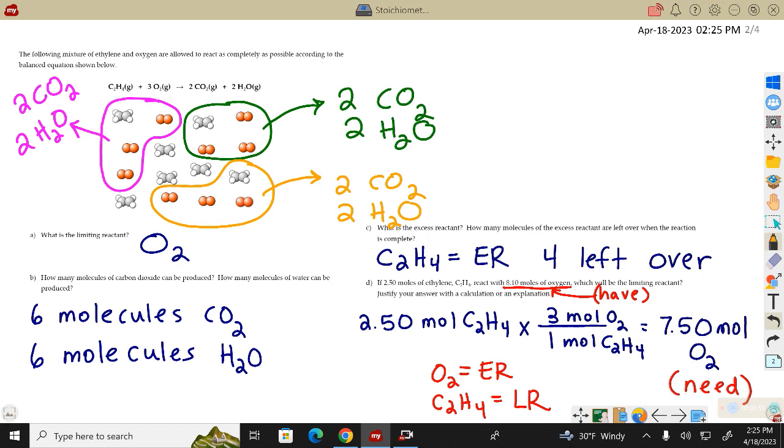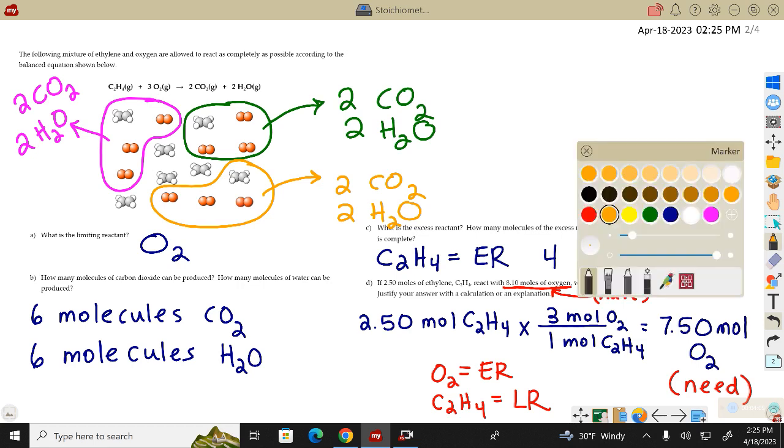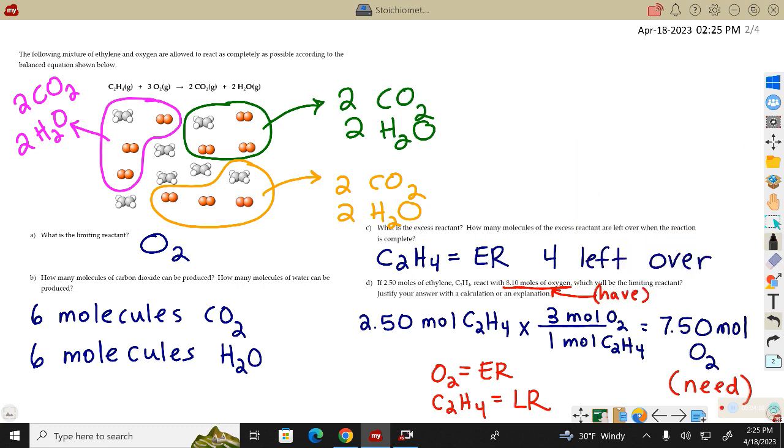Some people like to group like this. Some people will cross off every 1 ethylene and 3 oxygen to show that they've been reacted. That's great. But now it looks like I've got 1, 2, 3, 4 ethylene in the middle that are just left over, unreacted. So I ran out of oxygen. That's my limiting reactant.